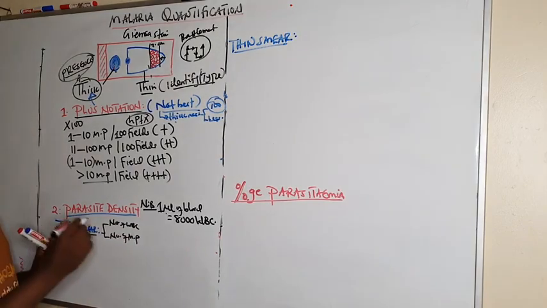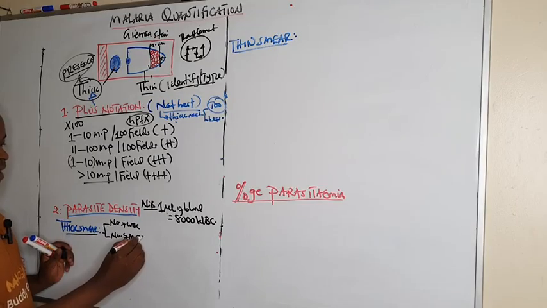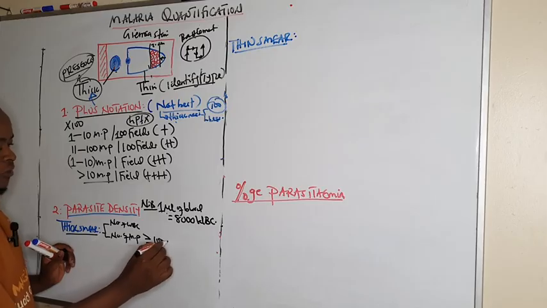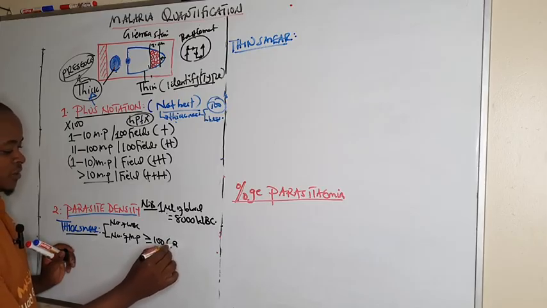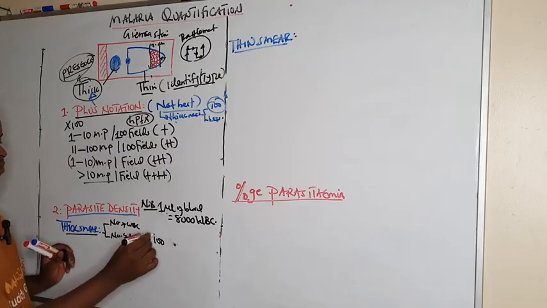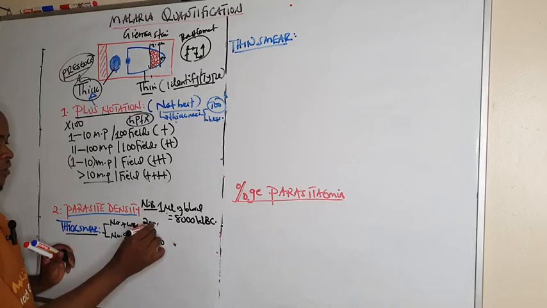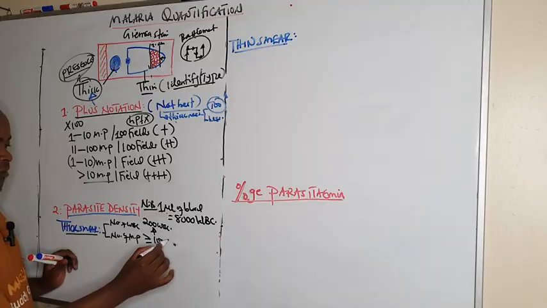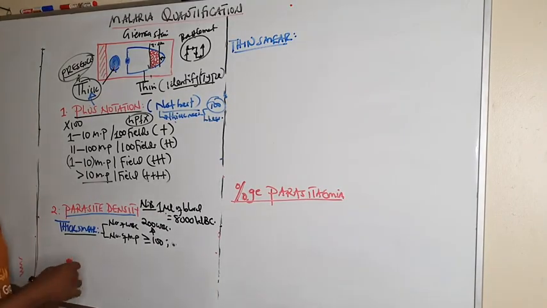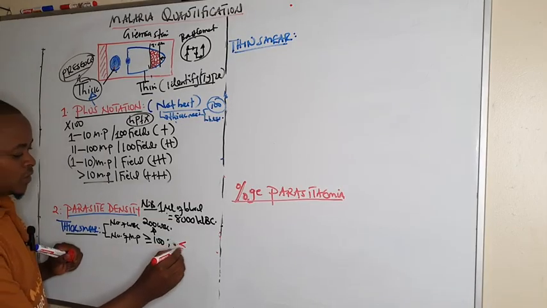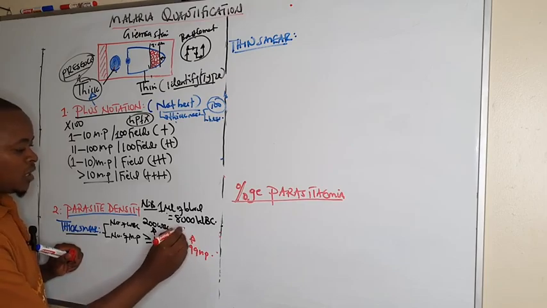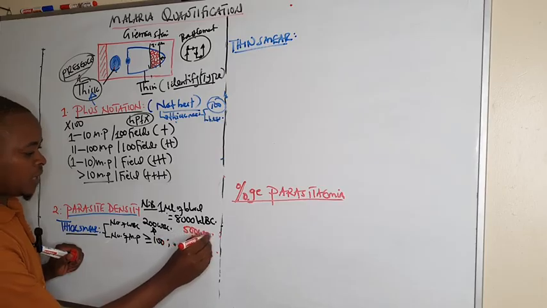So if we count malaria parasites and they become greater than or equal to 100 parasites, here we stop at 200 white blood cells. But if you count and the malaria parasites are less than or equal to 99, here you continue up to 500 white blood cells.